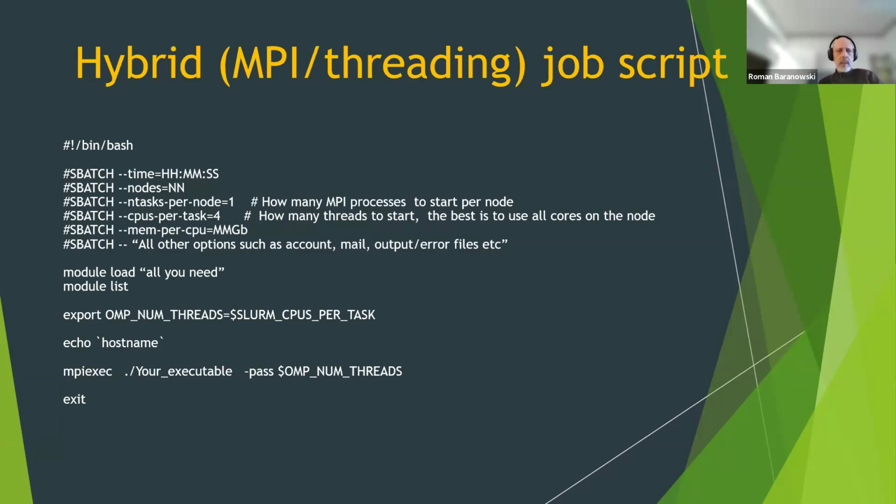It's not a must, but I can start 2 MPI processes per node with a few threads each. So you have to make this calculation and estimation: ntasks-per-node multiplied by CPUs per task should match how many cores I have on a given node.